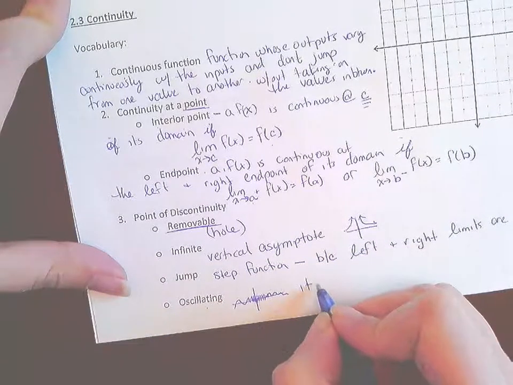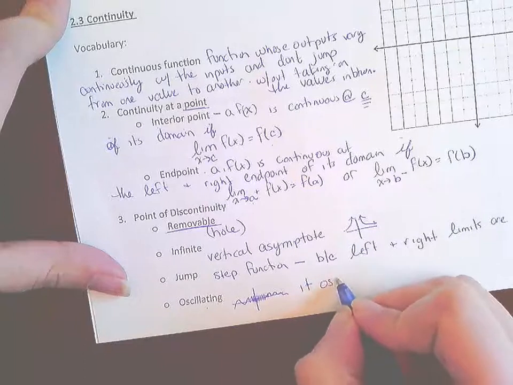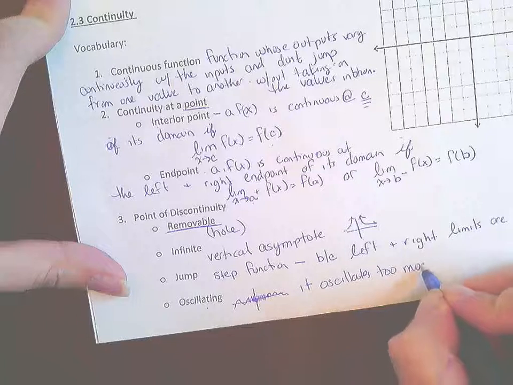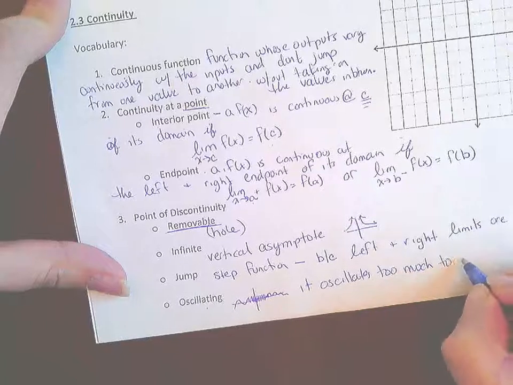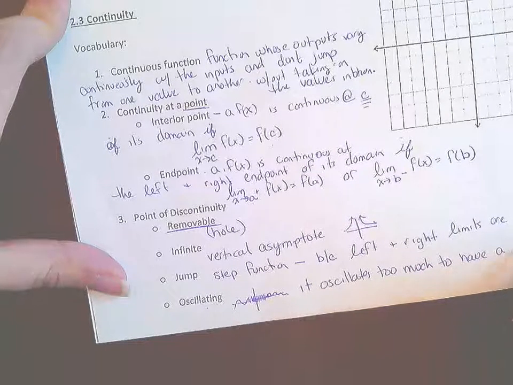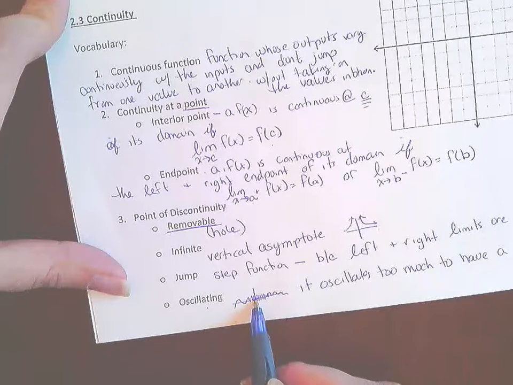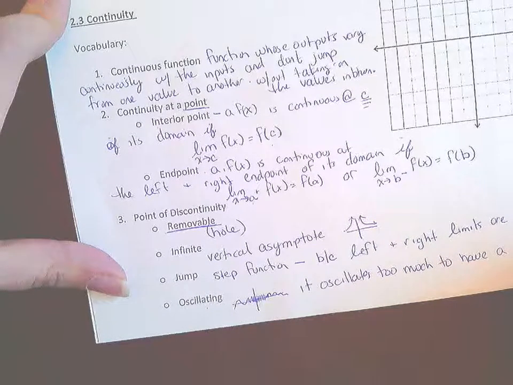The definition of that is it oscillates too much to have a limit as x approaches 0. So we can't really determine where it is at 0 because of the oscillation. I'll show you a better picture of this in class. Okay, so it oscillates too much.